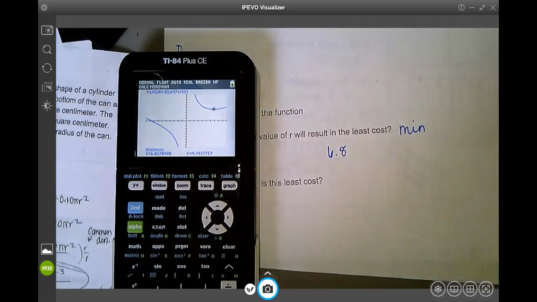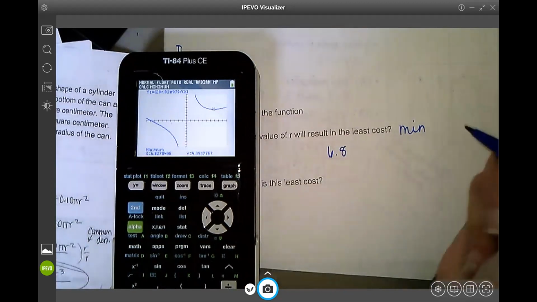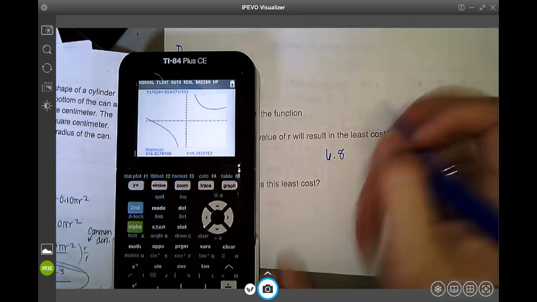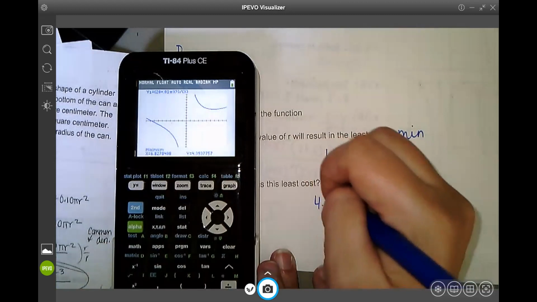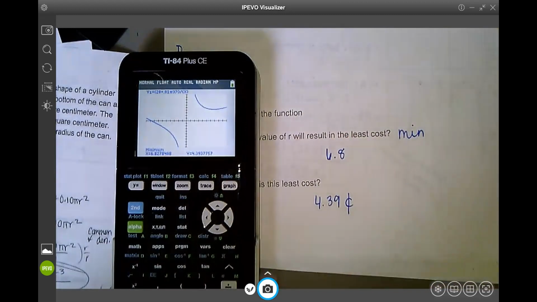Y'all get that? 6.8. And then my least cost there would be the y value, and that's going to be 4.39, and this was in cents. We were in the 0.02, 0.05 cents, and that's going to be cents for the can.